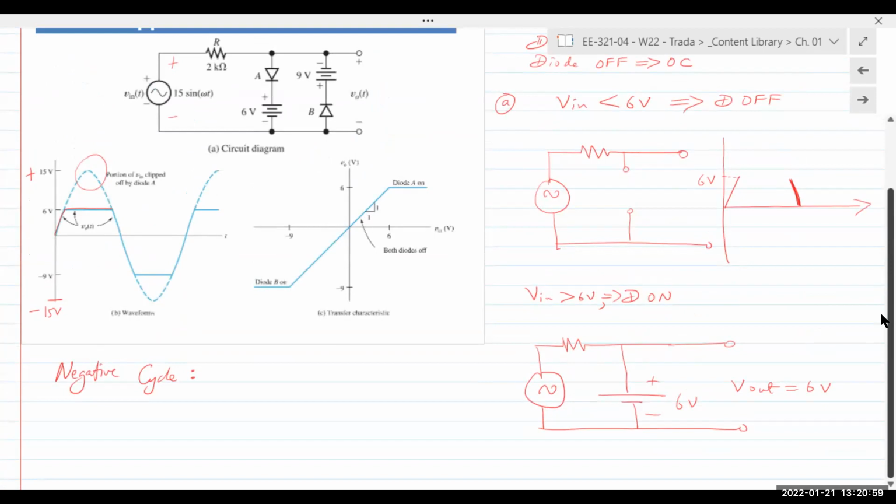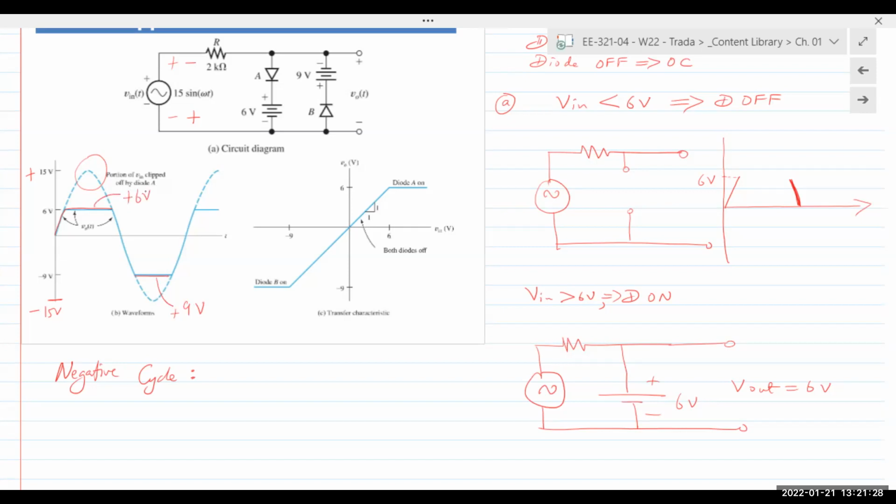Diode B will remain off until the negative peak now goes above 9. All right, so when the negative peak comes, this becomes plus, this becomes minus. When it crosses 9 volts, diode turns on, the 9-volt battery gets connected to the output, and we have a flat output line. So these are being supplied by the 9-volt battery.